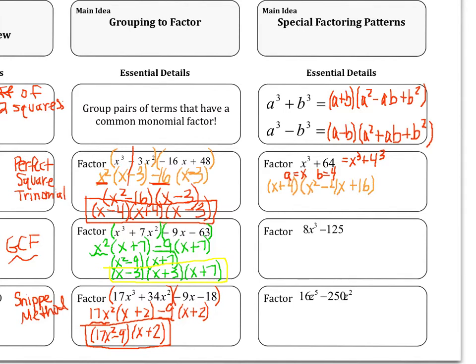I can't do any simplifying further, so it's x plus 4, that quantity, times the quantity x squared minus 4x plus 16, and this is my final factored form.